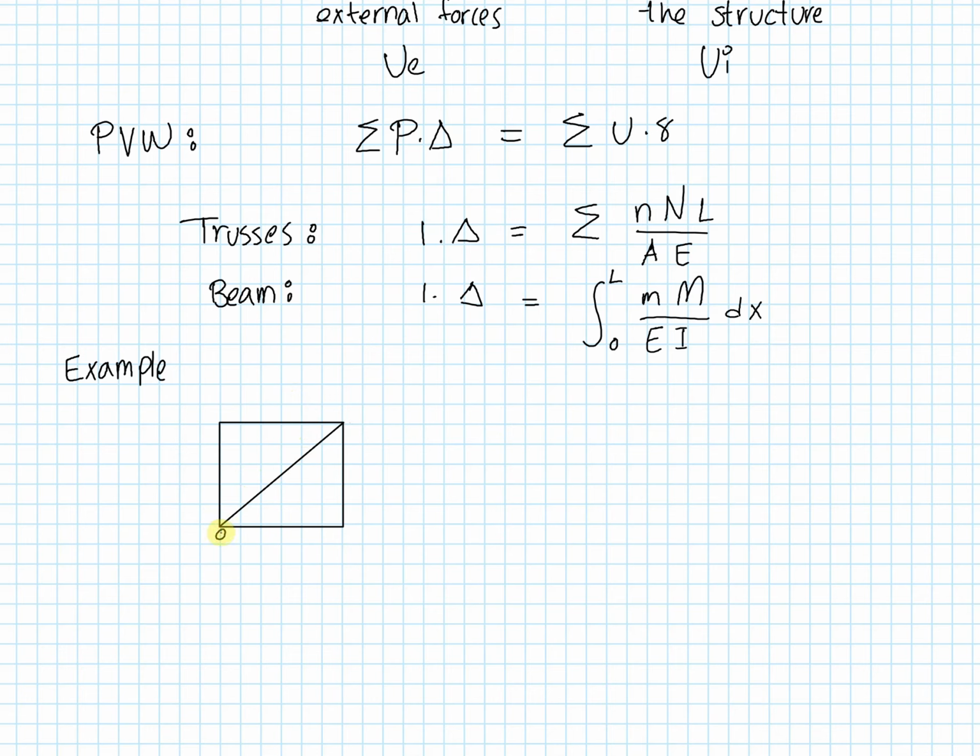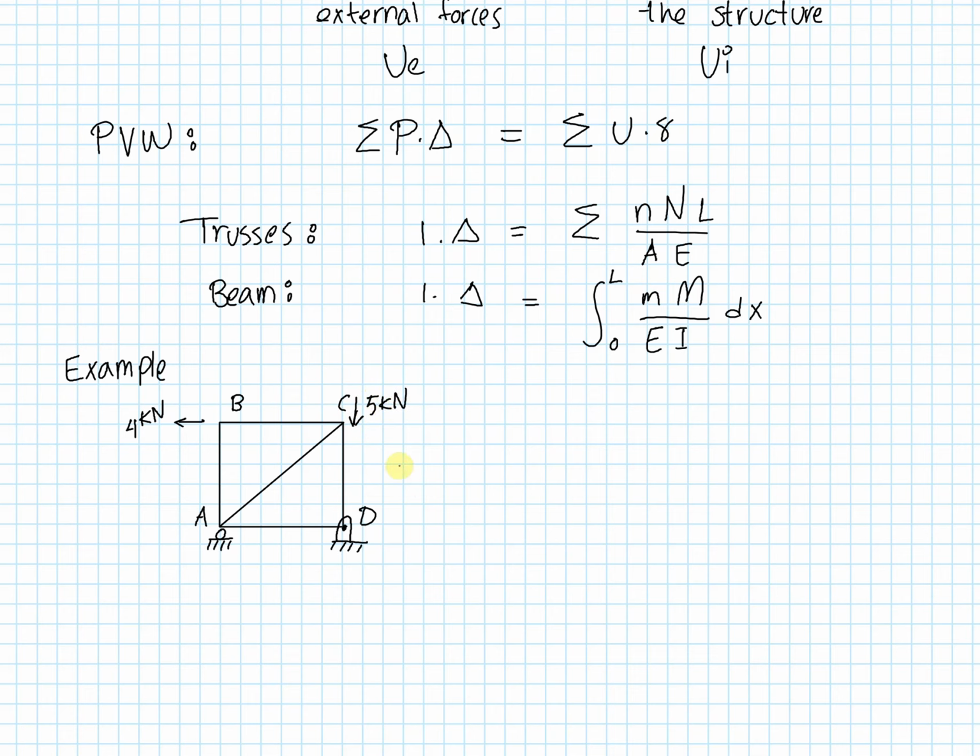There is a roller support at one end, and a pin support at the other end. And what we have are A, B, C, and D. These are our joints, and we have point forces, 4 kilonewtons and 5 kilonewtons applied here downwards.